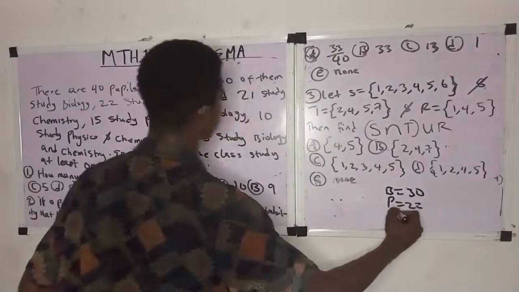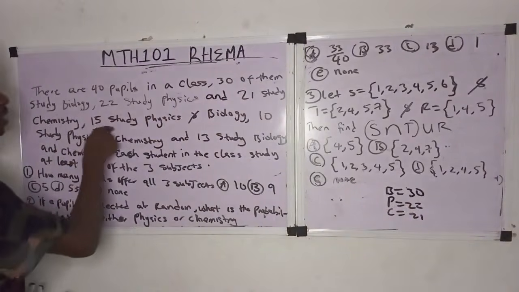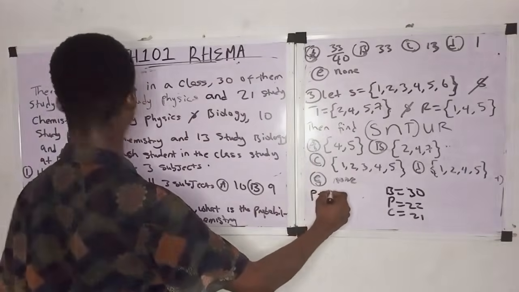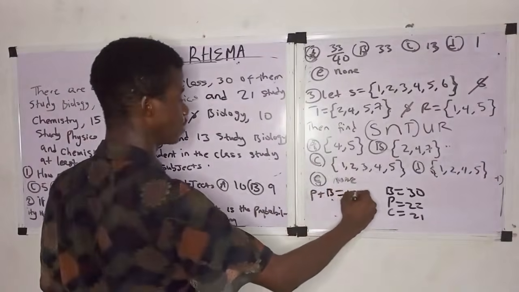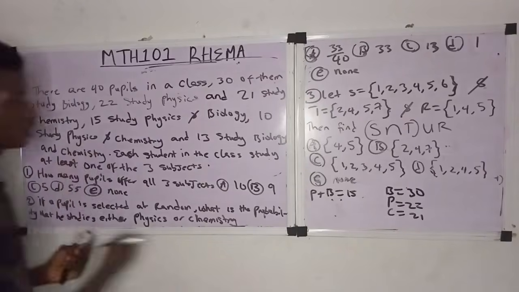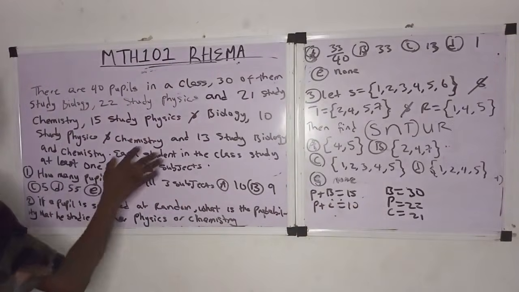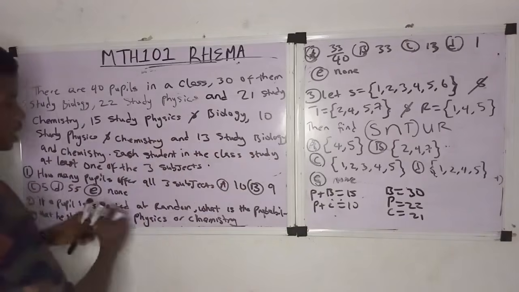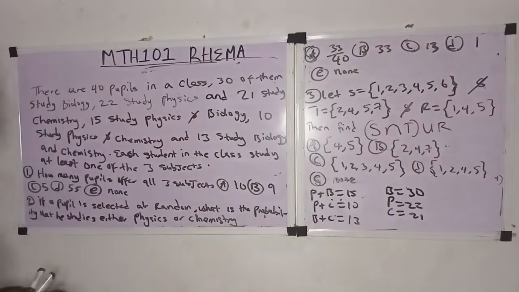Then they said 15 study physics and biology, 10 study physics and chemistry, and 13 study biology and chemistry.